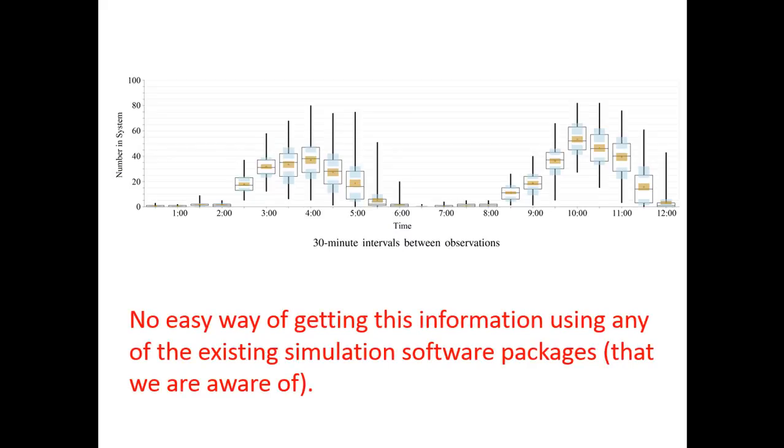The problem is there is no easy way of getting this information from any of the existing simulation software packages that we are aware of. Also, ideally, I want to be able to look at how number in system changes over time at different resolutions. So maybe instead of 30-minute intervals between my Moore plots, I want to use 10-minute intervals, or 5-minute intervals. I want to be able to do this without having to run additional simulation replications.